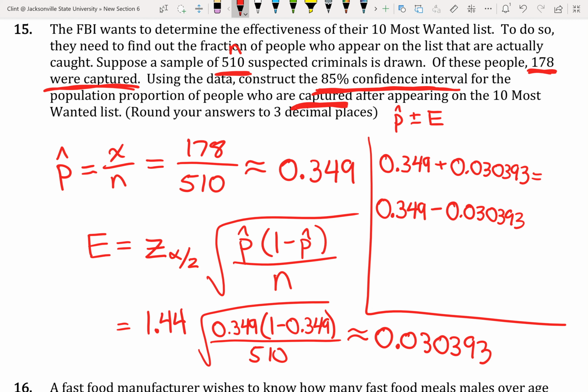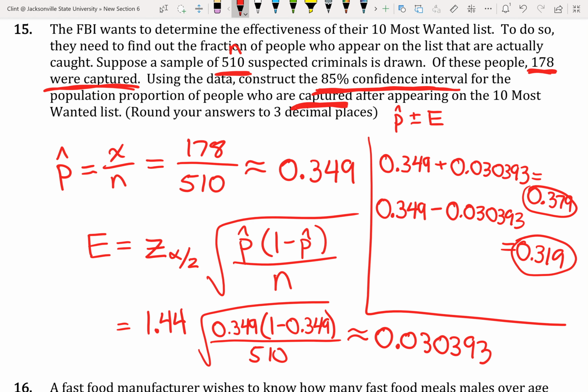So 0.349 plus 0.030393 is 0.3793, so that will stay at 0.379. And then 0.349 minus 0.030393 gives me 0.3186, so that one will round up to 0.319. Those will be our upper and lower endpoints on our confidence interval here.